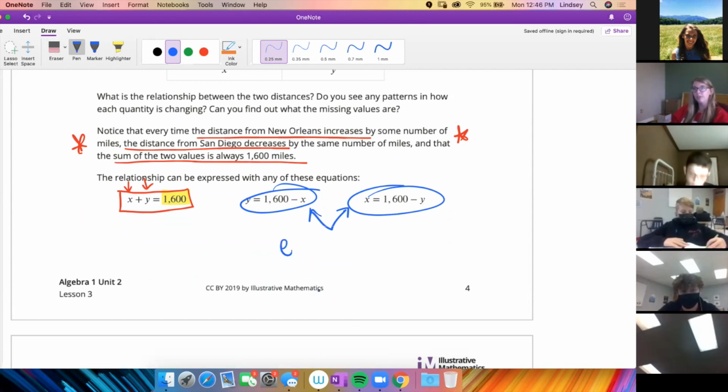It starts with an E. It's an equation that looks different but has the same value.